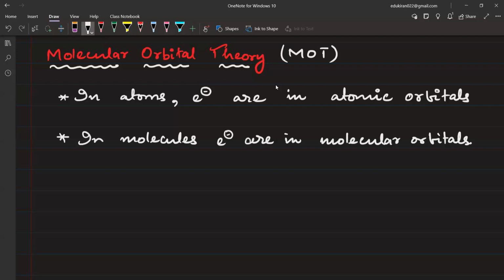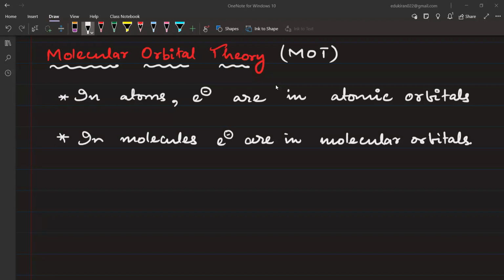The first principle of molecular orbital theory is very plain and simple. Now moving on slowly. A molecule is made by atoms. Correct guys? Yes or no?